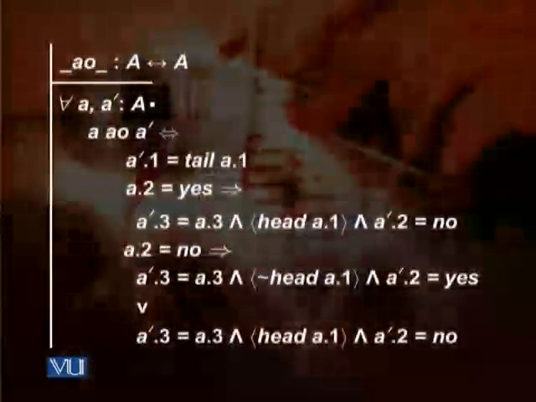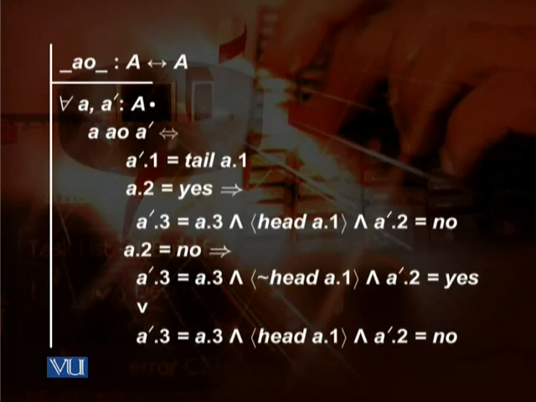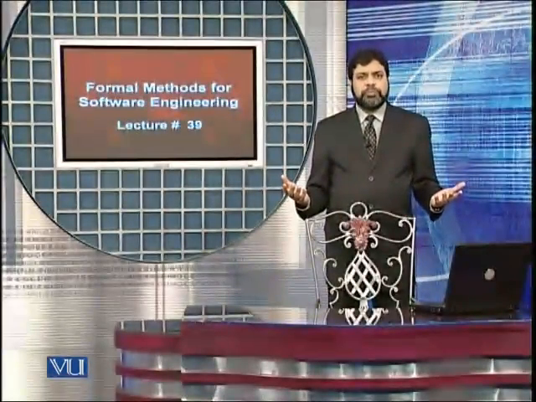Now if A dot 2 is equal to no, then in that particular case, we are saying A dash dot 3 is equal to A dot 3, and A dash dot 2 will be equal to yes. Or A dash dot 3 is equal to A dot 3 and head of A dot 1, and A dash dot 2 is equal to no. So once again, what are we saying here?